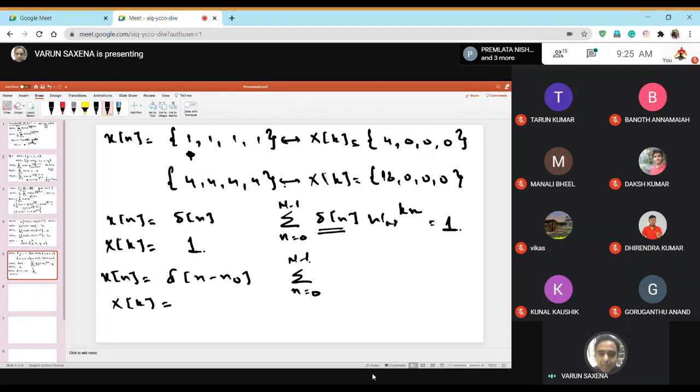So this would be the sum over n of delta[n minus n0] W^{kn}. In this case, it is only defined at n equal to n0, so this value would be W^{k n0}, basically. These are also some standard results that it would be good if you remember. This problem, this is a standard result, this is a standard result, and this is a standard result. If you remember them, it will be good.